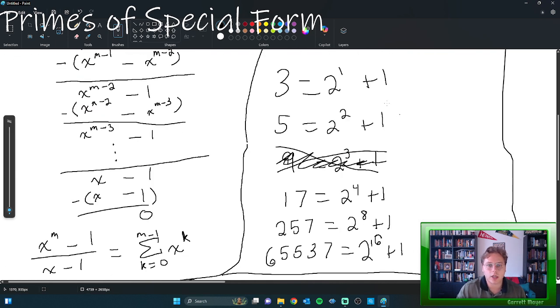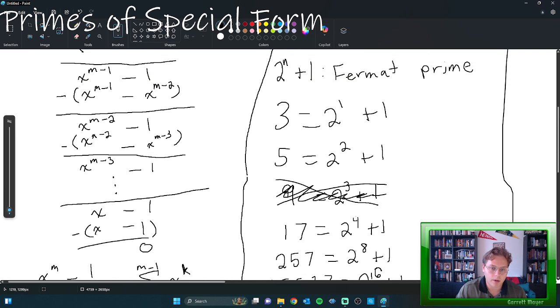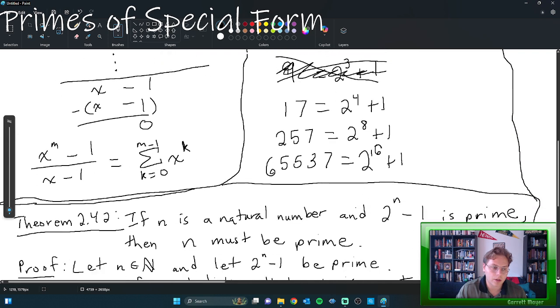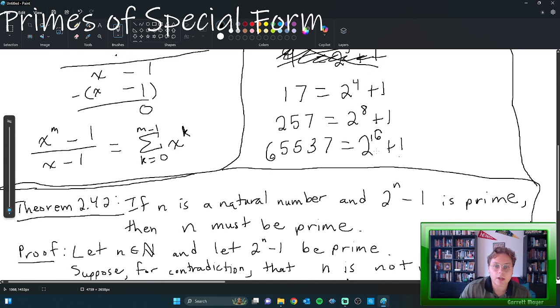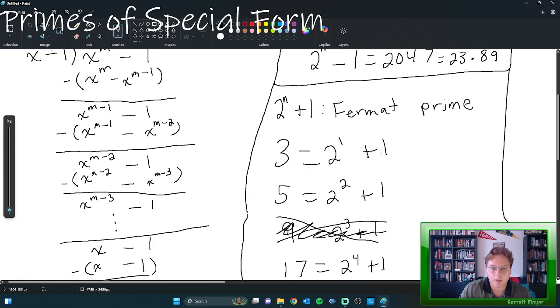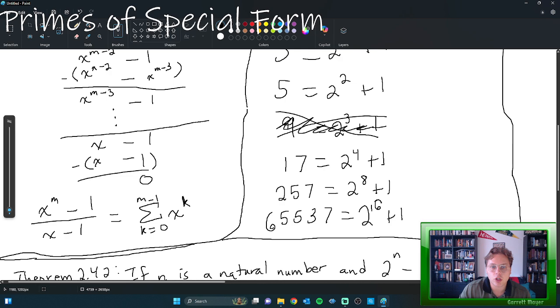To start to generalize, the first thing that you'll notice is that it looks like the powers that you're taking 2 to are all powers of 2. That might be the first pattern that you notice. And that's ultimately what we're going to see about Fermat primes. We'll see, similar to this theorem, that if n is a natural number and 2 to the n plus 1 is prime, like what a Fermat prime is, then 2 must be taken to a power that is a power of 2.